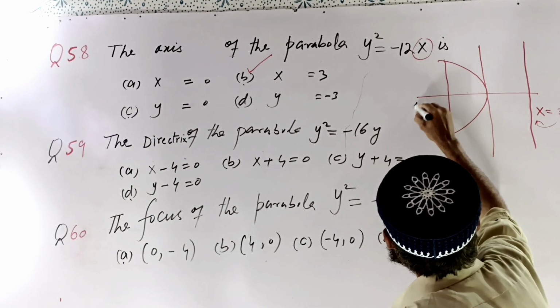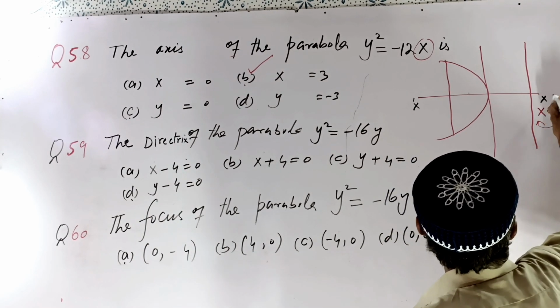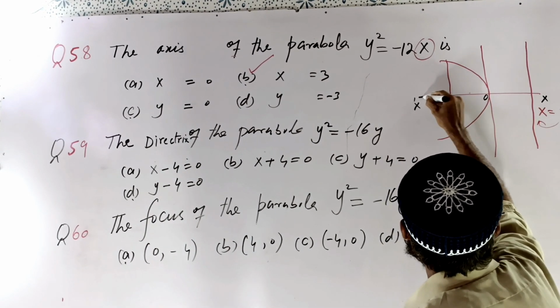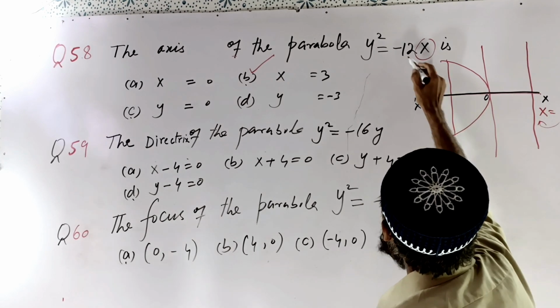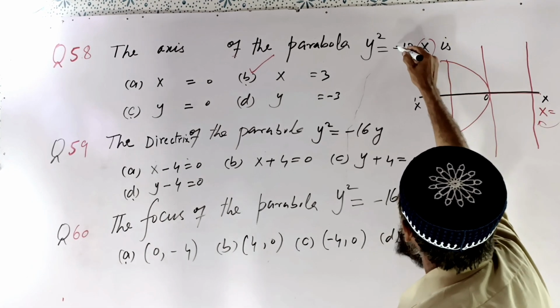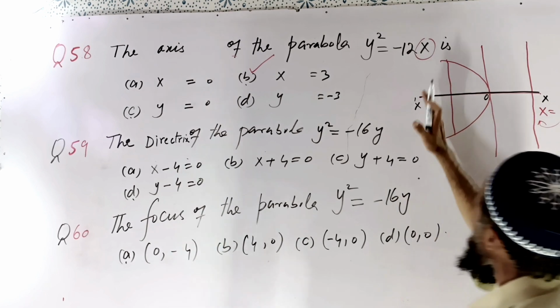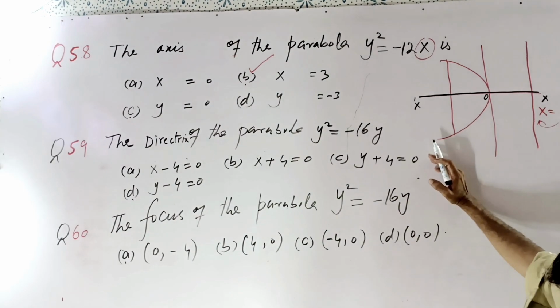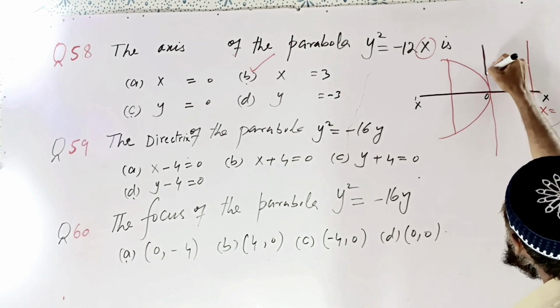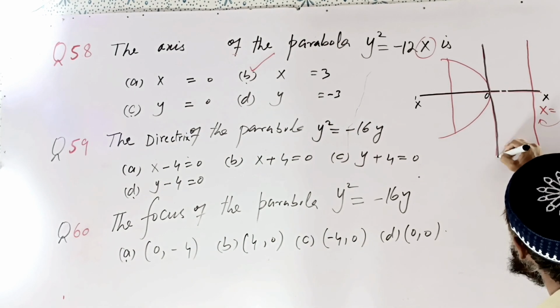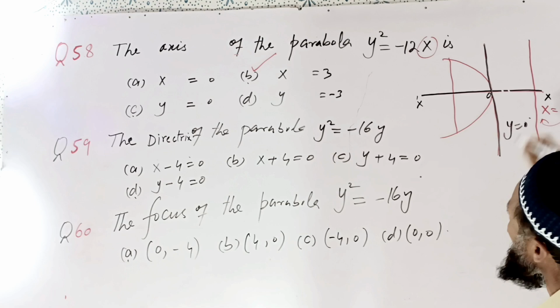This line is called the x-axis, this is the origin. The parabola has a negative sign, so it shows the left side. So for the x-axis, we put y is equal to 0.